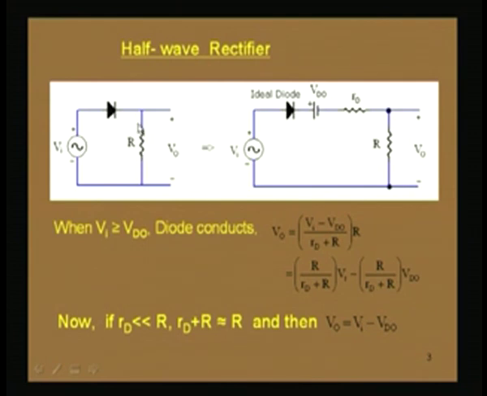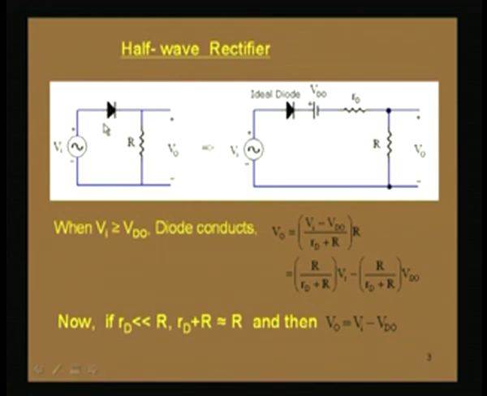The voltage available across this resistance is named V naught. This output voltage V naught will be used for a load.